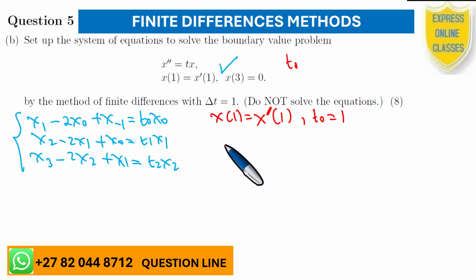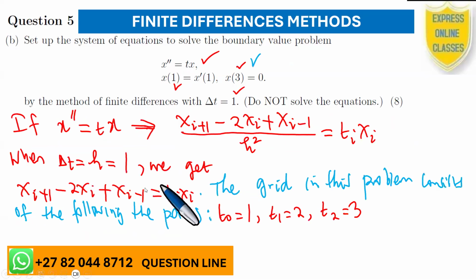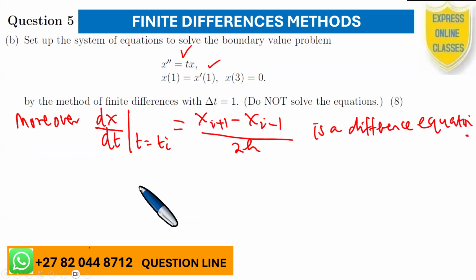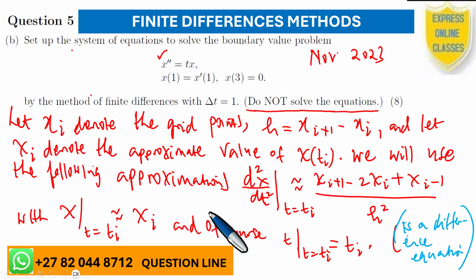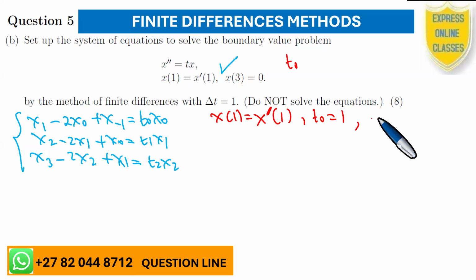So you would remember what we said here. Right, what we said here. The x at Ti is Xi. All right, so this is x at Ti becomes Xi.